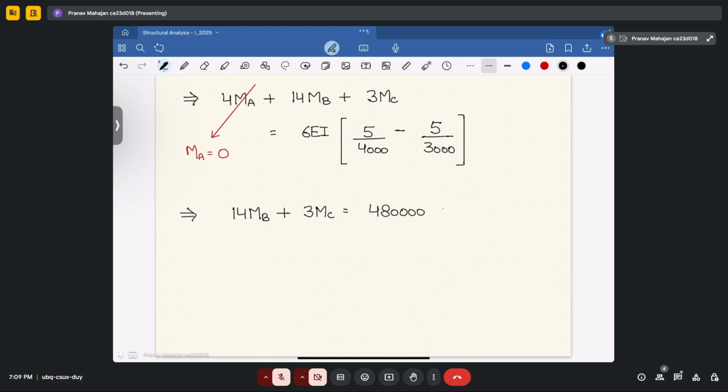Okay, multiplied by the bracket value, that is minus 5 upon 12,000, and that will give you 14 MB plus thrice MC to be equal to minus 200.